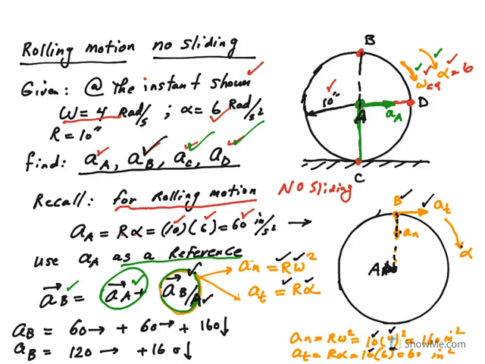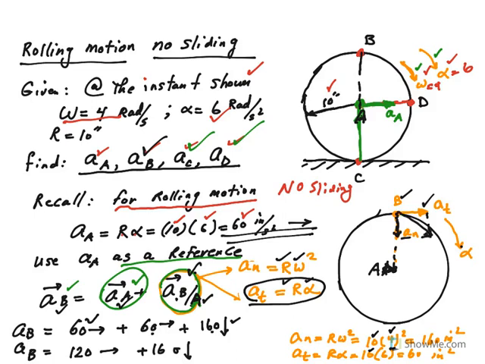And look at the direction. So I came down here and I said, okay, acceleration of B is acceleration of A, 60, which we got here, plus what is acceleration of B relative to A? There is a tangential component, 60, and there is a normal component, which is this guy, 160. Remember, don't go and try to find the resultant of these two.